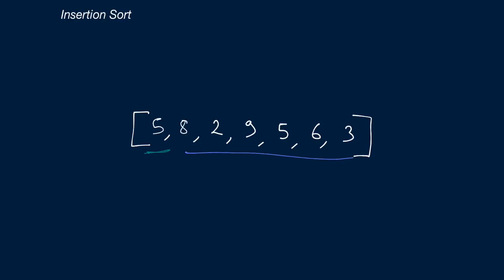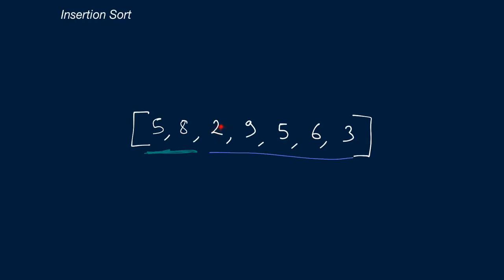And so now we've placed 5 in this tentatively sorted list. So we can erase part of this line here and extend it to show that 5 and 8 together themselves are sorted. Now we move on to this 2, and we want to insert 2 in this sorted list here.